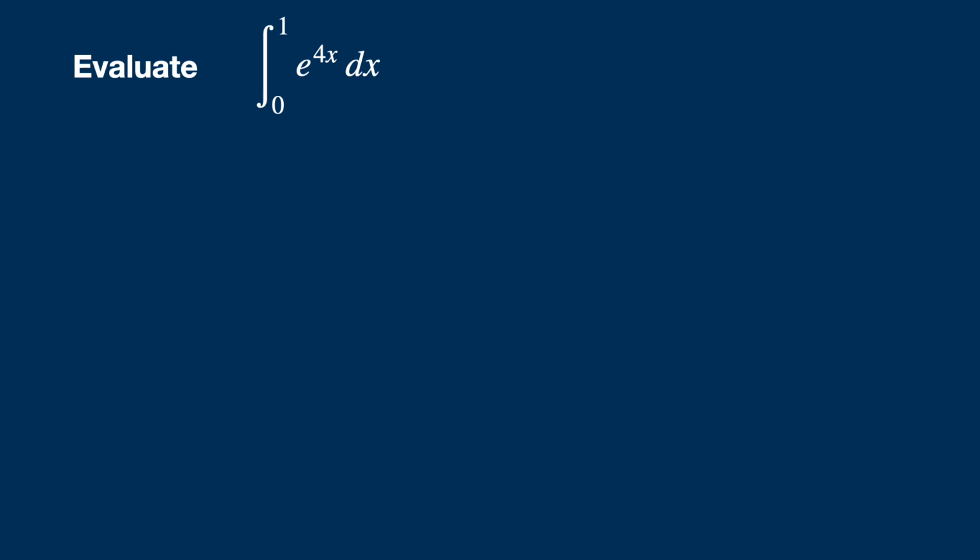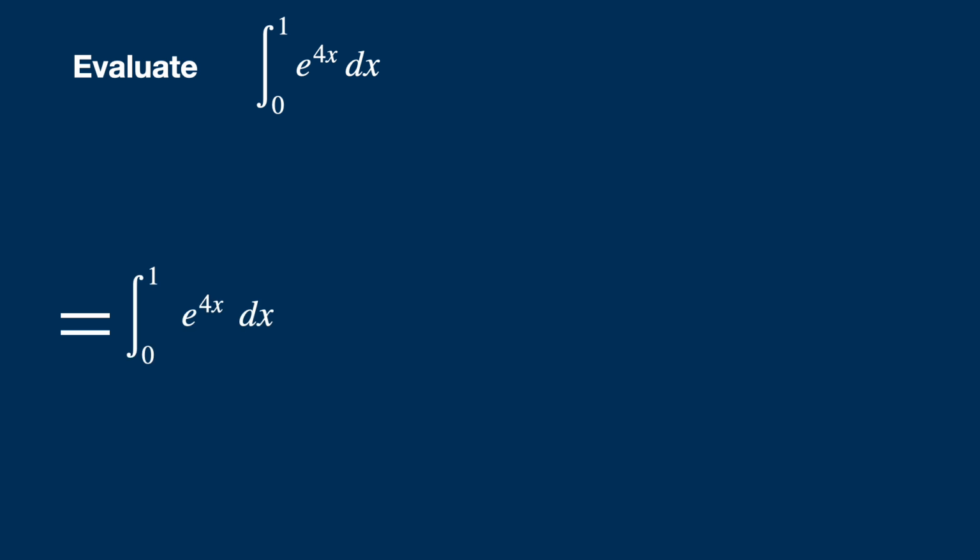First, let's do the definite integral from 0 to 1 of e to the 4x dx using the substitution method. When you see this one, you know you have to use substitution. Why?